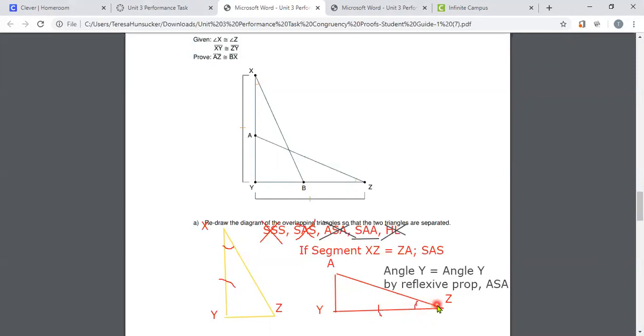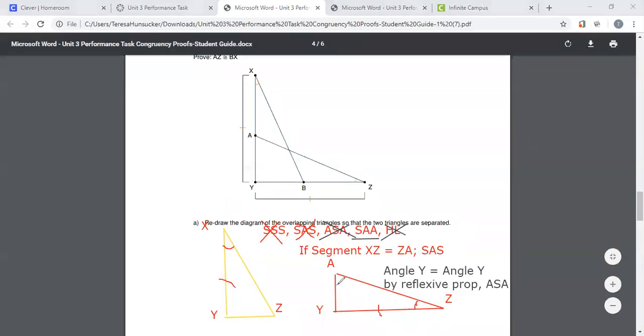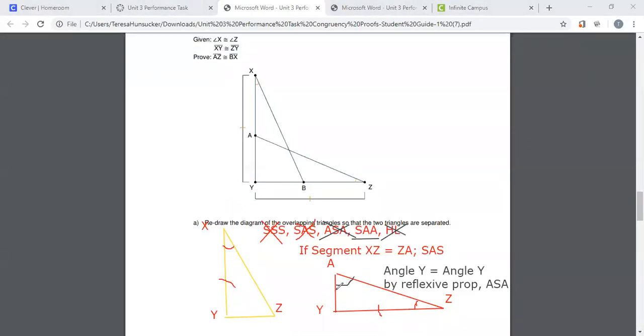So think about the congruent side. Angle A and angle Z share side AZ, but that's not the side that's marked congruent. So if we show that angle A is congruent to angle Z, we could show that the triangles are congruent by side angle angle. Okay?